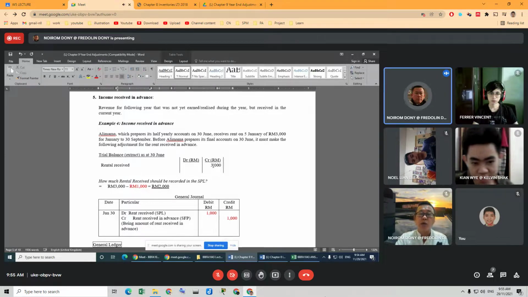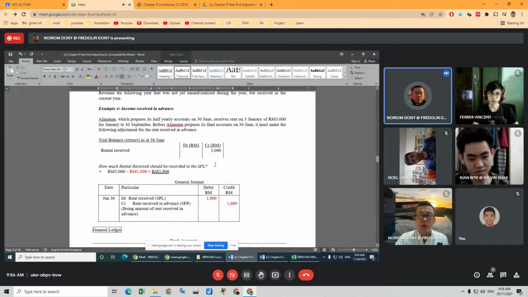So we need to do an adjustment. How do we do the adjustment? Before that, you need to know how much should be for 6 months. How do we know? The 3,000 you have to divide because this is paid from January to September, 9 months, isn't it?